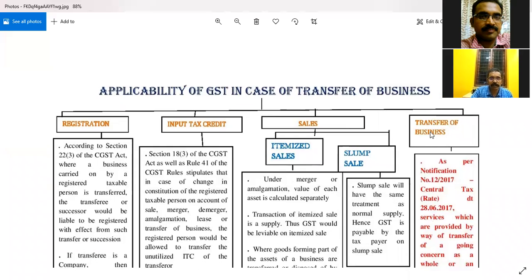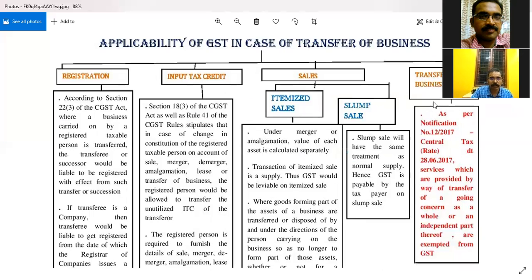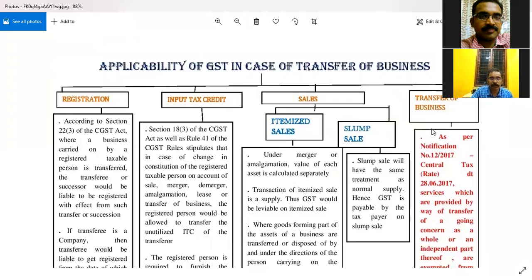The last situation is transfer of business. Here, the business altogether is transferred, not only the assets, but the whole business is transferred to another person. The new person carries on the same business as previously done by the transferor.